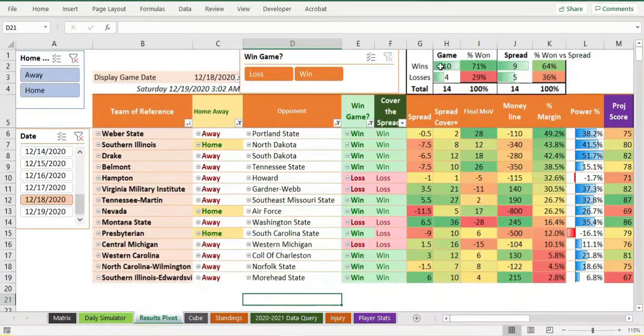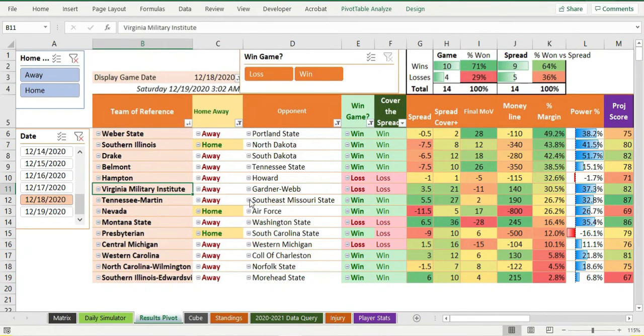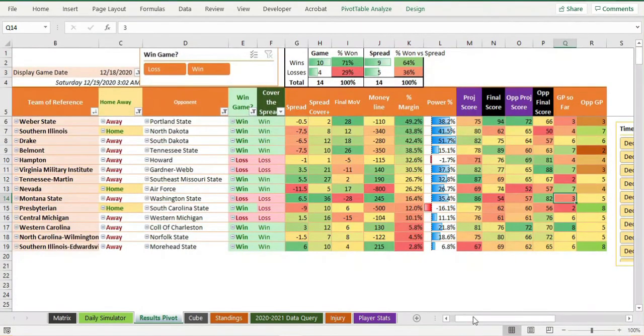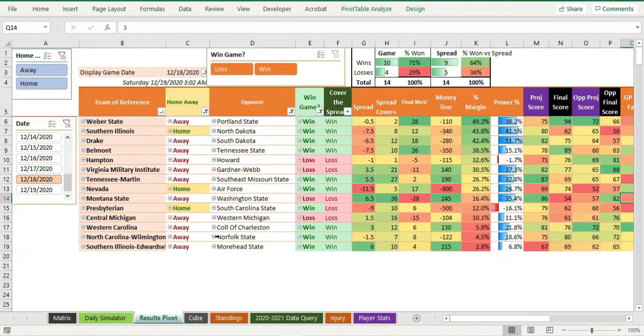You can see this was 10 and 4, and 9 and 5 on the spread. And it lost VMI, which I liked yesterday. It lost Montana State because they scored a lot of points in the few games that they had. They only had 3 games, by the way. That's probably part of the problem with them and why we were overestimating them. And then I guess it loses the Central Michigan game. Why?